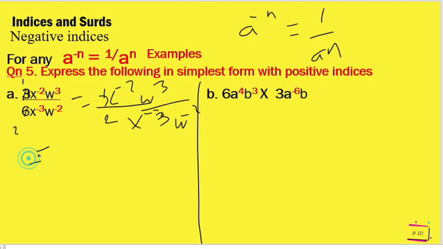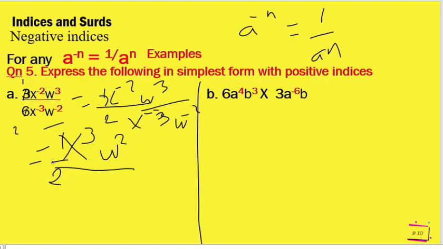Now this we are supposed to express everything by what? As a positive index. So doing the reciprocal, then this means that it will be x, remember 1 over 2 will remain, then it will be x power 3, then W is also negative power, so W power 2, and then the other one at the top will go down.